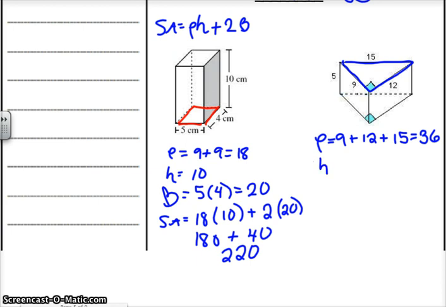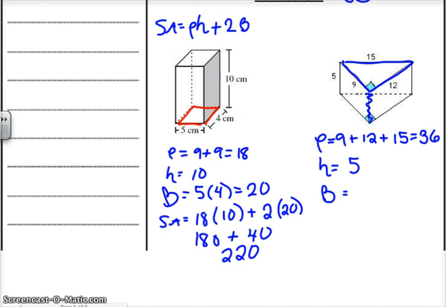The height is what connects my two bases. So it looks like my height is right here. I don't have that dimension, but I have the 5. So my height is 5. In big B, it's area of my base. My base is a triangle. So the formula of my triangle is base times height divided by 2.